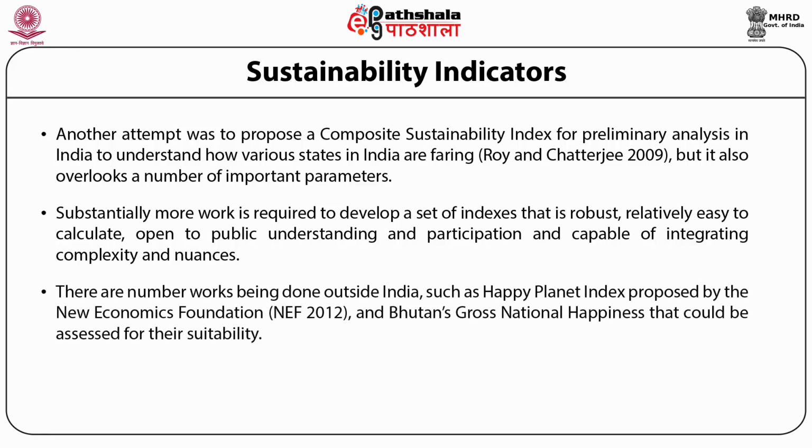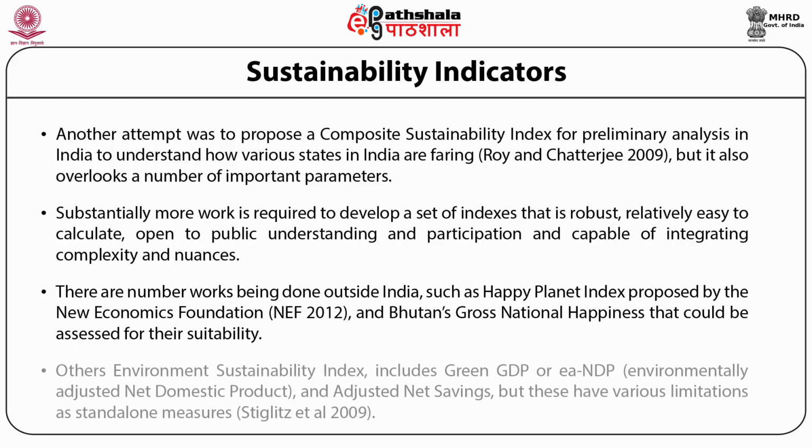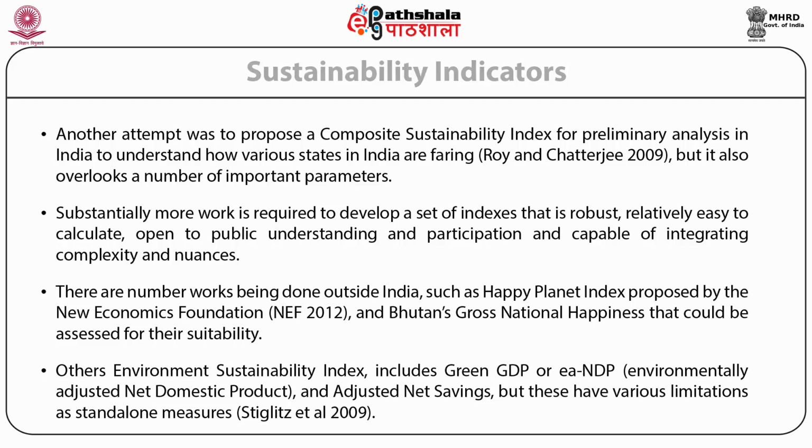There are a number of works being done outside India, such as the Happy Planet Index proposed by the New Economics Foundation and Bhutan's Gross National Happiness, that could be assessed for their sustainability. Other environmental sustainability indices include green GDP and adjusted net saving, but these have various limitations as standalone measures.